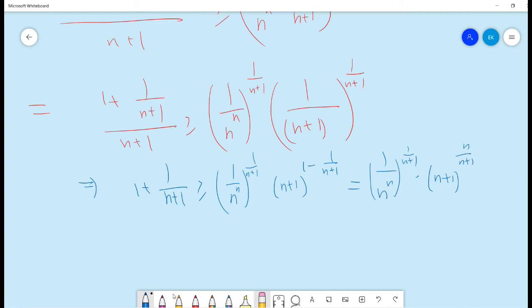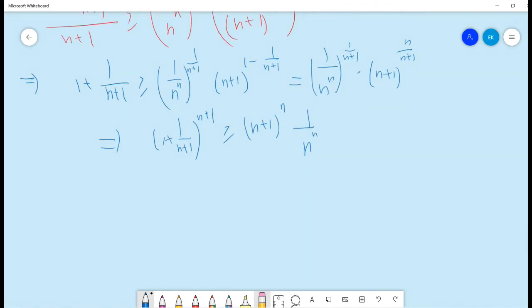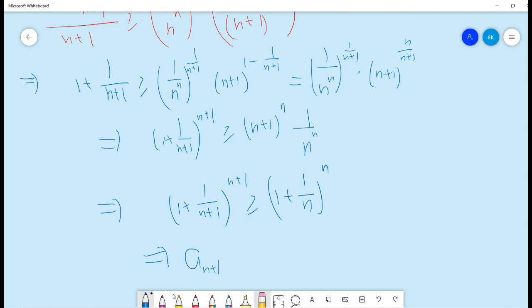So we can multiply by n to the n+1 power on both sides. So we have this larger than (n+1) over n, to the n. So this is (1 + 1/(n+1))^(n+1) larger than (1 + 1/n)^n. This tells you that a_(n+1) is really larger than a_n.